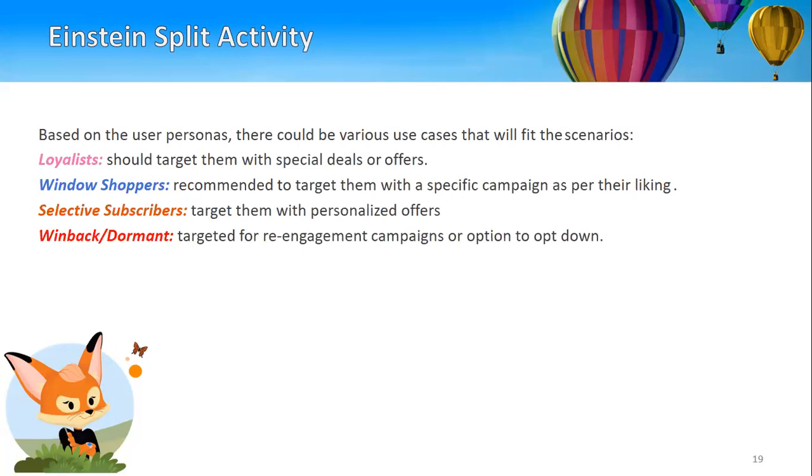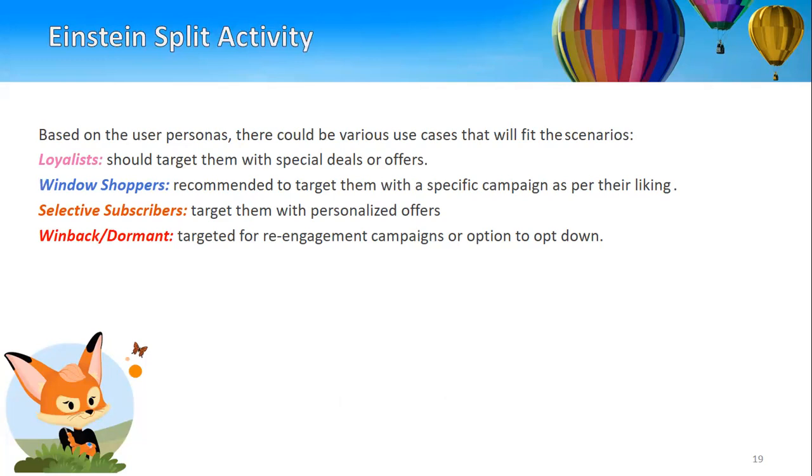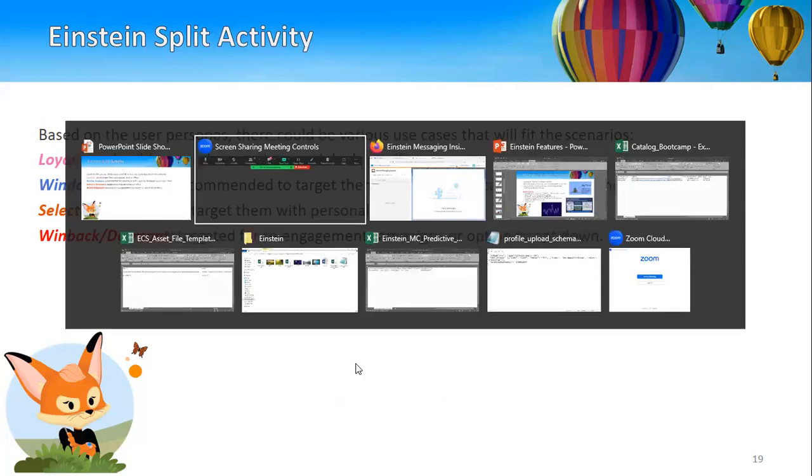Win back or dormant, you can give them an option to re-engage or an option to opt out. These are all the types of emails or push messages that you can make use of when you are configuring the journey. So that is on the split activity and this configuration.